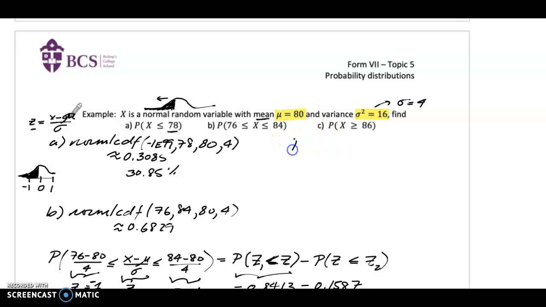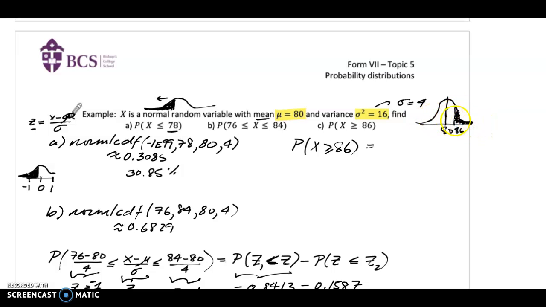So what we have here is the probability of x greater than or equal to 86. This is the following idea. You have a distribution like this, and you know the mean is right here at 80. You know 86 is here, something like that. And then you say, I want everything greater than that.